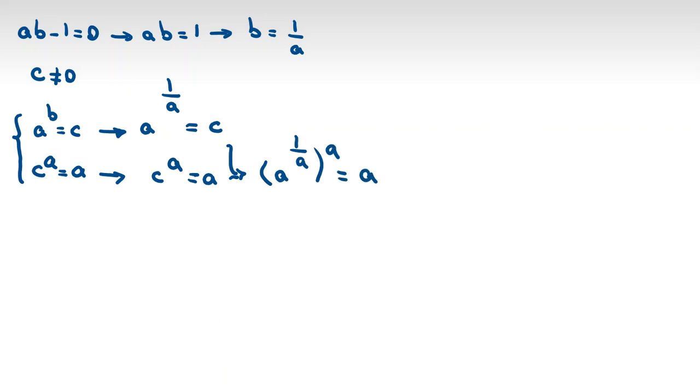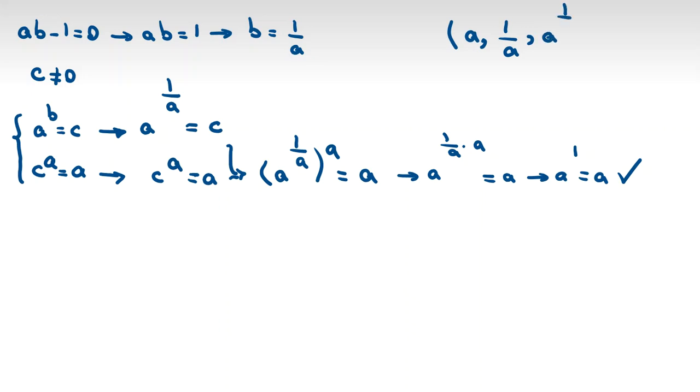And we know by the power rule that we should multiply 1 over a times a, so a to the power of 1 equals a, it's okay. So a is a, b is 1 over a, and c is in terms of a. C is a to the power of 1 over a.